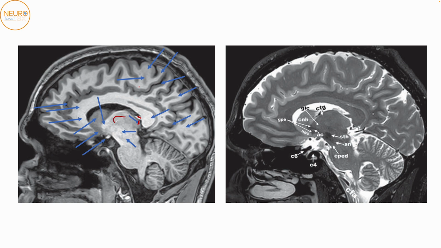This is the midbrain. This is the subthalamic nucleus, the substantia nigra over here. Not very clearly seen, better seen on T2. The optic tract over here, the nucleus accumbens over here, and the caudate over here. Okay. Apart from that, you can slightly make out a little bit of the border of the corpus callosum.